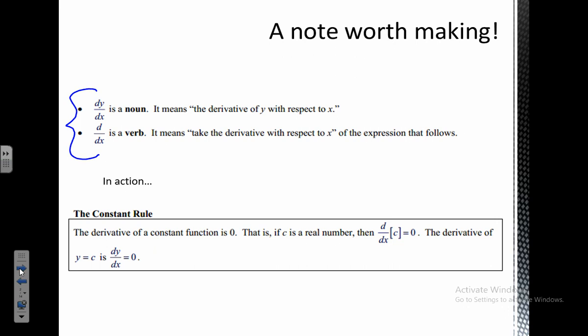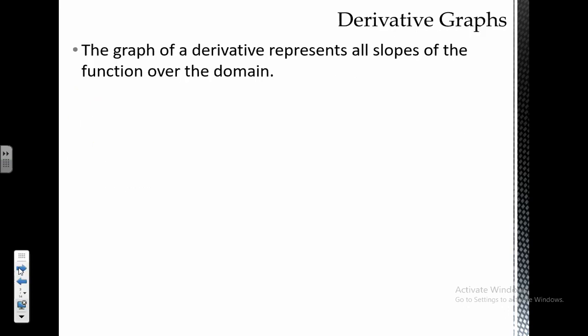All right. So, derivative graphs. A graph of a derivative represents all of the slopes of the function over a domain. So if we take all of the slopes from all of the infinite points on our graph, we can create a derivative graph.